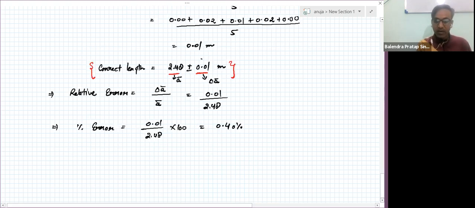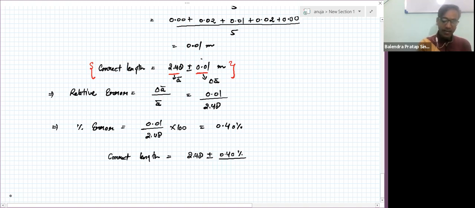Like you can also write your correct length is equal to 2.48 plus minus 0.40%. So you can say that it has some error of 0.40%, and this is the exact value.